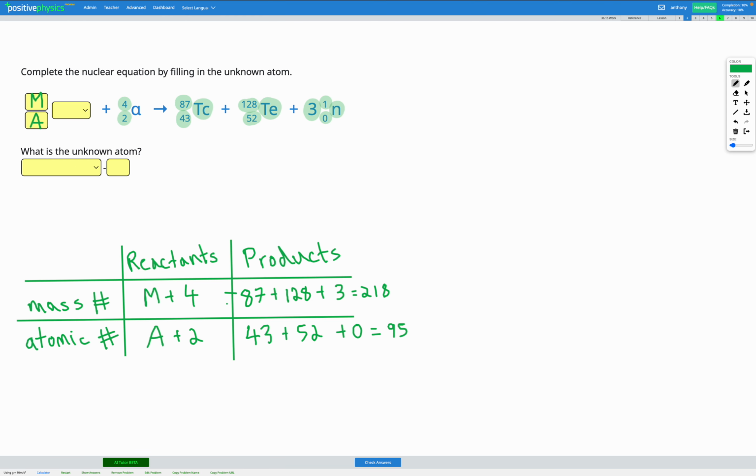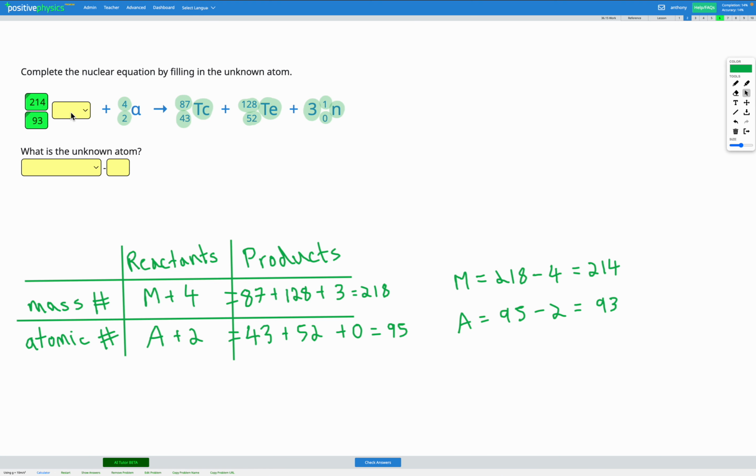So now we can go ahead and solve those equations to find our unknown mass and atomic number. So our mass number is going to be 218 minus 4, which gets us 214. And our atomic number is going to be 95 minus 2, which gets us 93. So we can go ahead and fill that in here. Our mass number is 214. Our atomic number is 93.